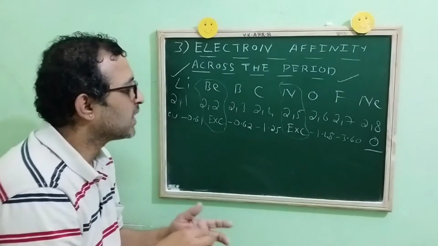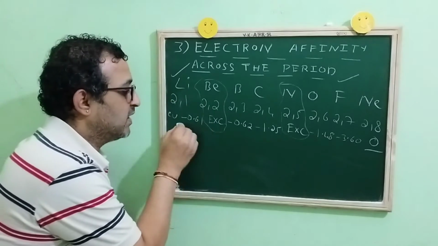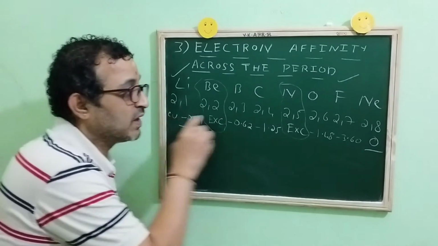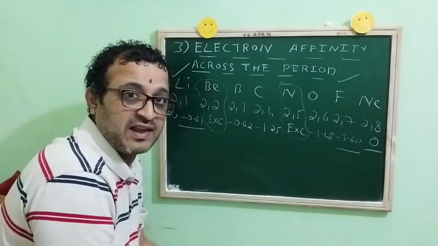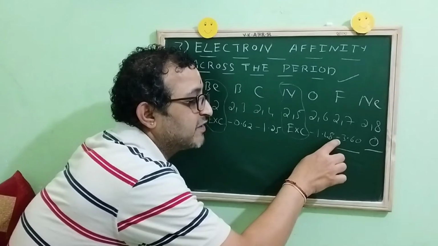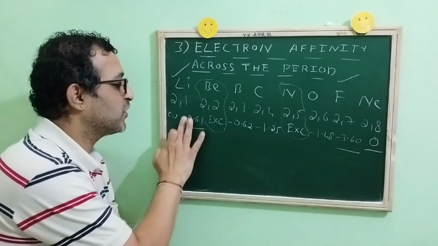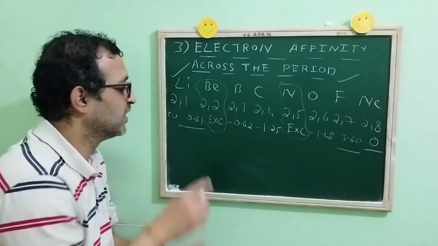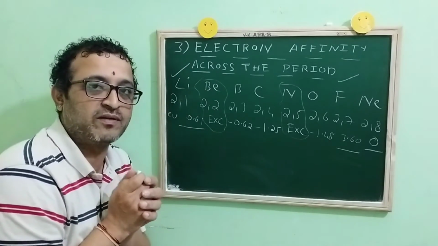Now, come to this one. When lithium accepts an electron, the energy released is 0.61 electron volts. When the fluorine atom accepts an electron, it is going to release 3.60 electron volts. So the conclusion from this: if you are not considering the signs, only the values, 0.61 is more or 3.60 is more?